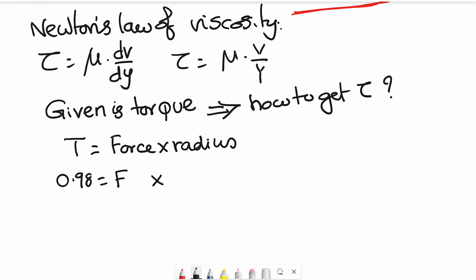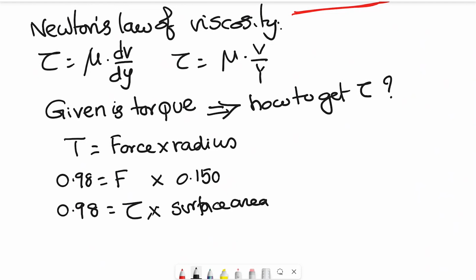So 0.98 is equal to force into radius, and the radius is how much? 0.150, because that is the radius. So if I put that in, this I put in. Now the force, what can I write? Tau into surface area, because tau is equal to force by area.